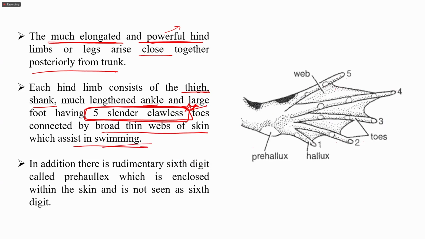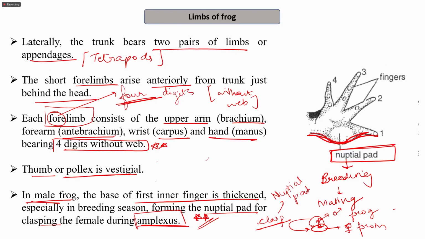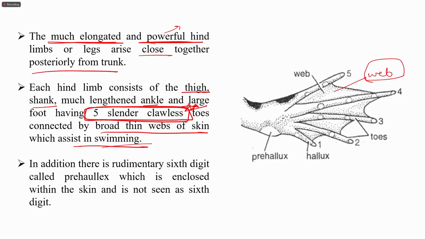This web-like structure, which you might have seen in the feet of a duck also, is nothing but skin present in between the different toes. So there are 5 digits, and as I mentioned, in the forelimb the thumb or pollex is vestigial.